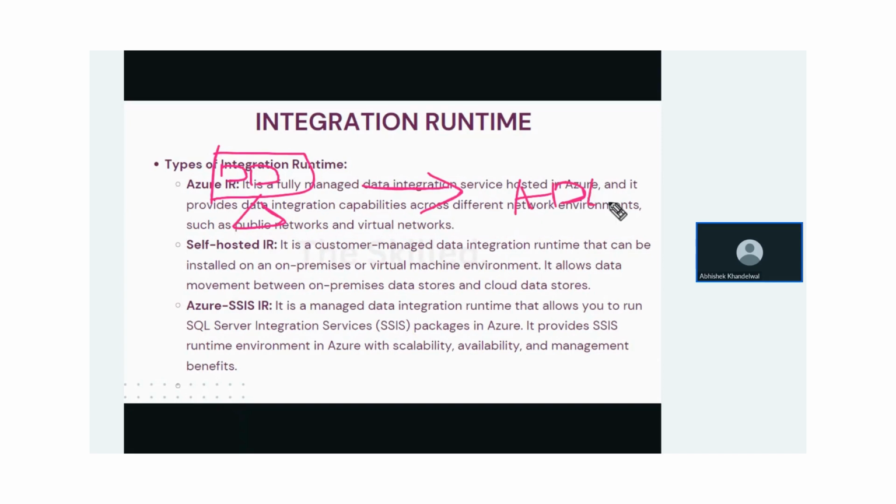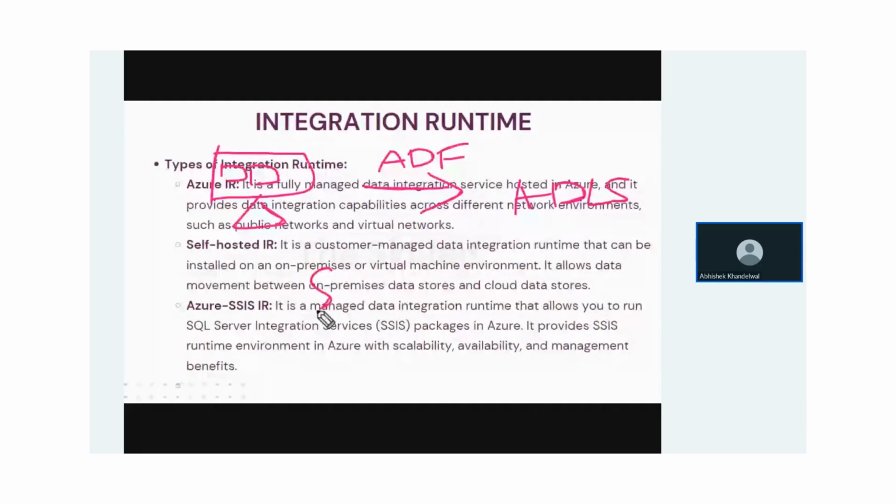Obviously, we are going to use ADF, but how is ADF, which is on cloud, going to access my data source, which is my own system? Here we need something known as self-hosted integration runtime. This self-hosted integration runtime works as a link between my local system and ADF. It is installed on my local system, and that creates a link to the ADF.